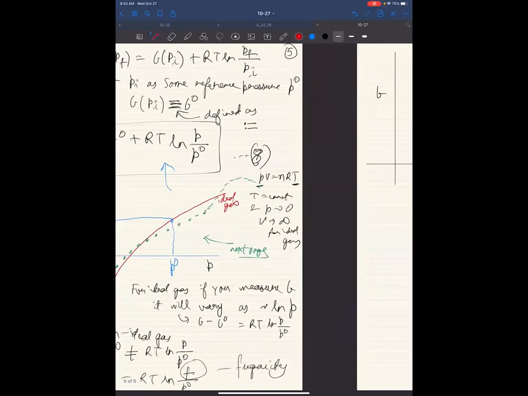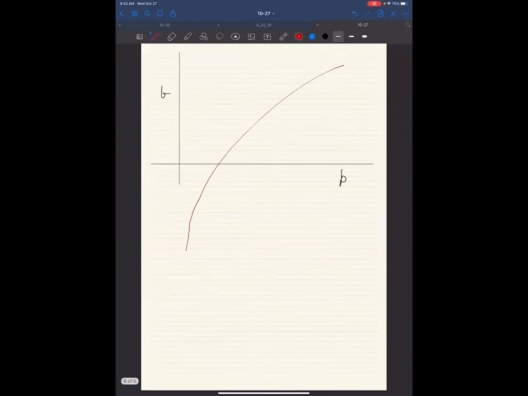I have G versus P, and for an ideal gas, it's going to look like this. For a non-ideal gas, it will again start at minus infinity, but then it could cross over. Actually, it doesn't cross over at zero, it can cross over at any point. So it could be something like this.